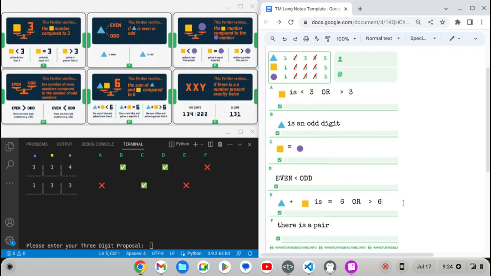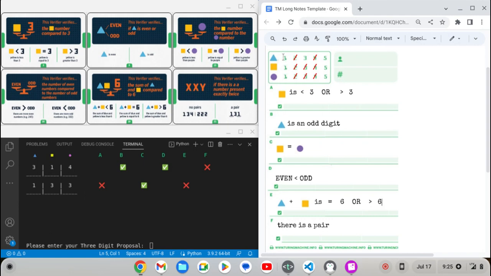Okay, so let's see what we can conclude from the sum. If the sum is not less than 6, can we conclude that either triangle or square is not a 1?